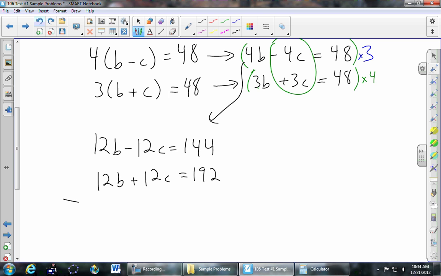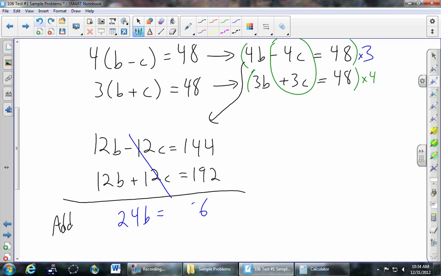And then what should we do with these two equations? We should add them, because when we add them, something very nice happens right here. The 12c's cancel. So we add the b's, there's 24 of them, equals, we add over here, 336. And finally, we're ready to say what b is.